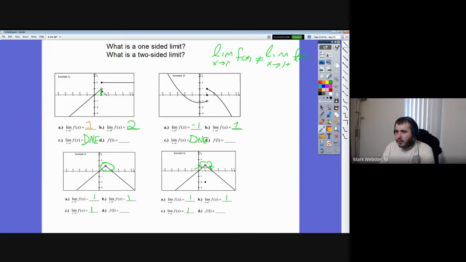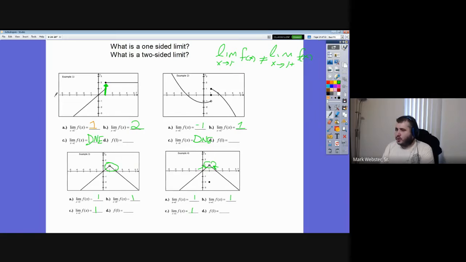It's not here. That's an open circle. We care about where it is up here. We want the actual point. So if we look, the actual value here is this guy right here. It's 2.